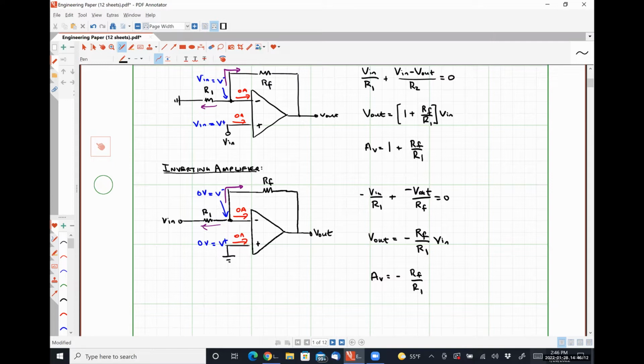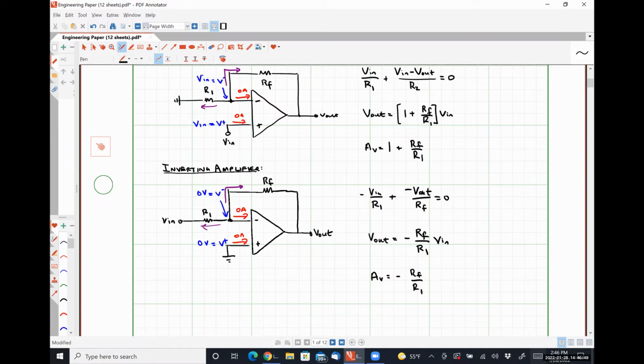So my non-inverting amplifier can only serve to make my output signal larger, right? It is always going to be some positive number multiplied by my input signal. My inverting amplifier, however, by choosing different ratios of RF to R1, I can make the output be a larger version of the input that happens to be swapped in polarity, or a smaller version of my input that also happens to be swapped in polarity, right?